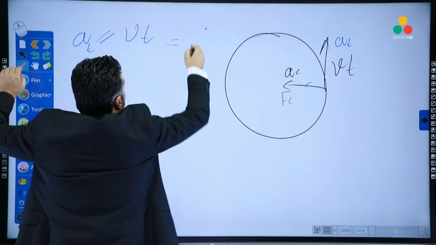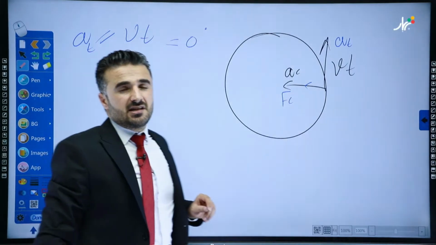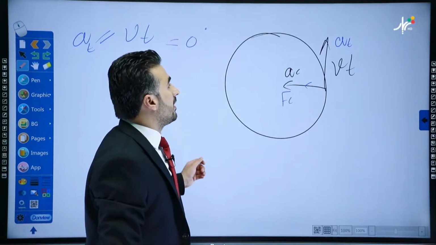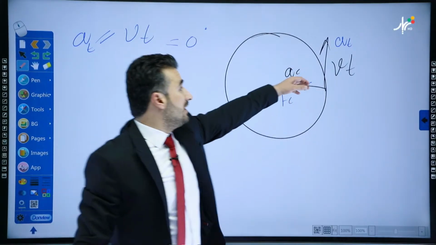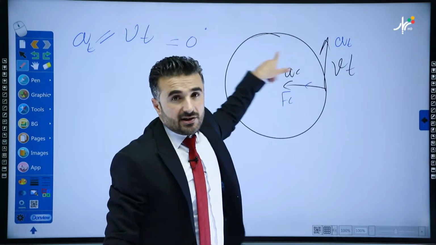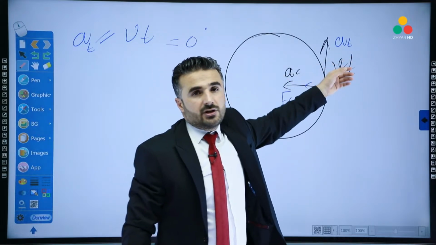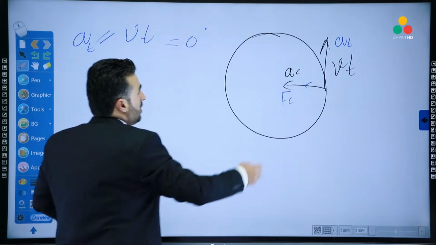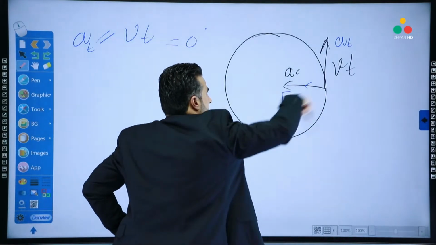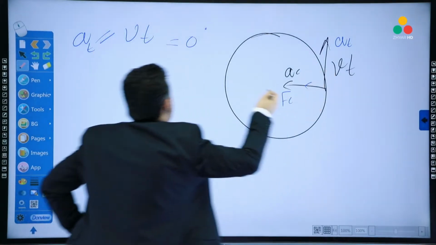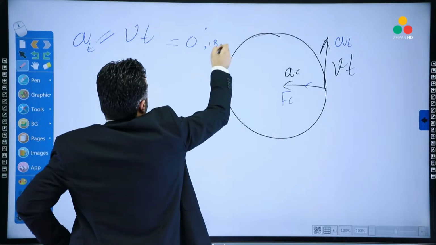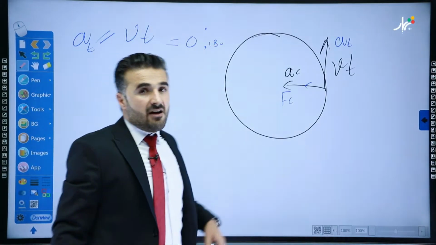These two are parallel, so you can say the angle between the two is 0 degrees, yeah? Very good. That is if the motion is speeding up, yeah? But what if the motion is counterclockwise and the object is slowing down? Then of course the angle between the two is going to be 180 degrees.